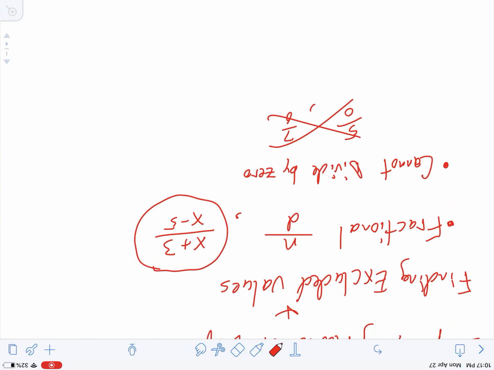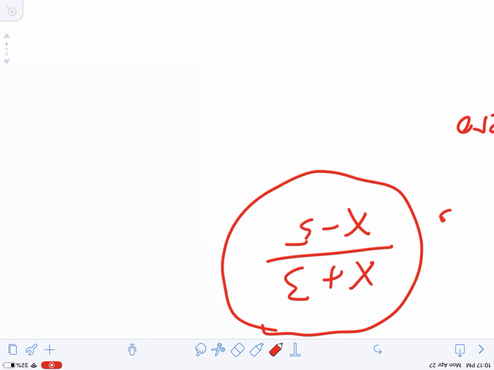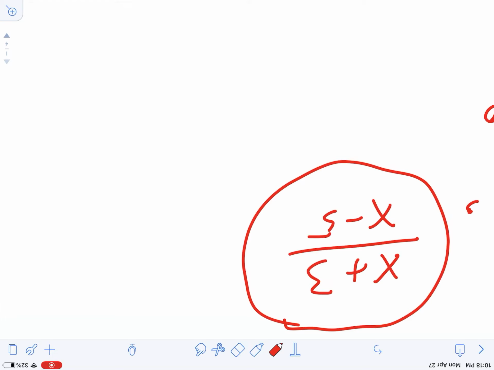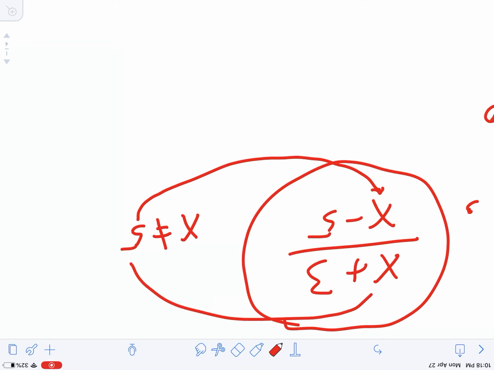So what does that have to do with what we're doing today? Well, if you look at this example I wrote, x plus 3 divided by x minus 5, x is a variable. X could be anything, except that x cannot be 5. Now, how do I know that? Well, if you were to plug a 5 in here, you'd have to plug it in here as well.